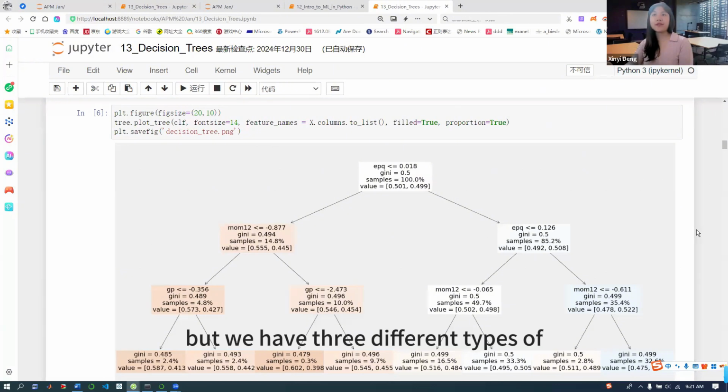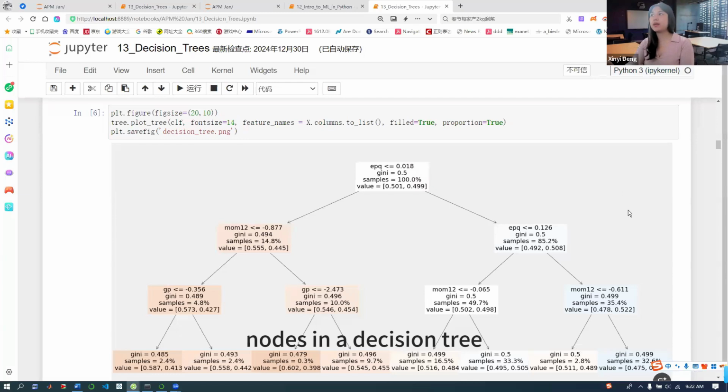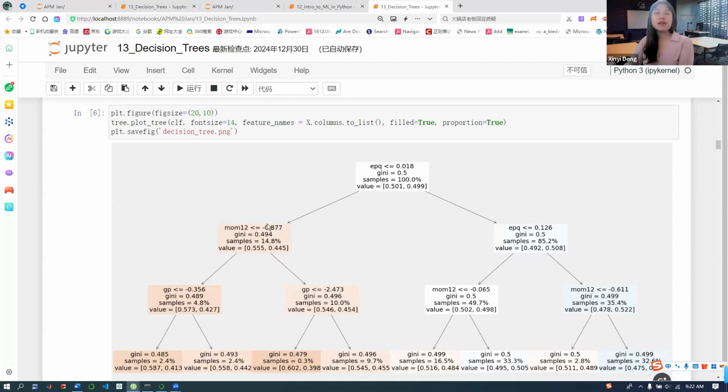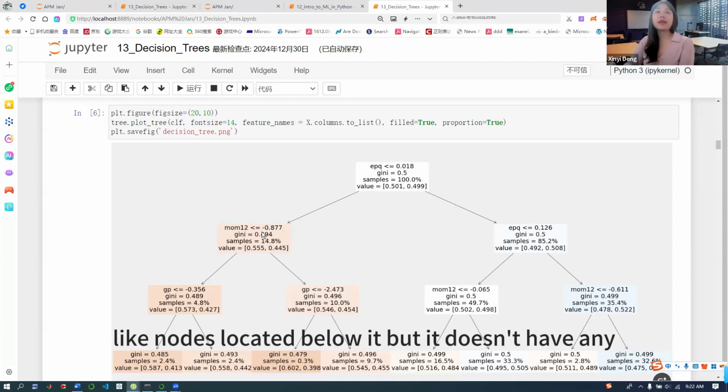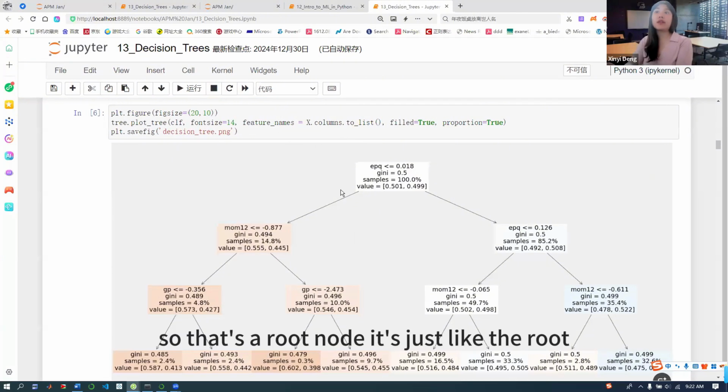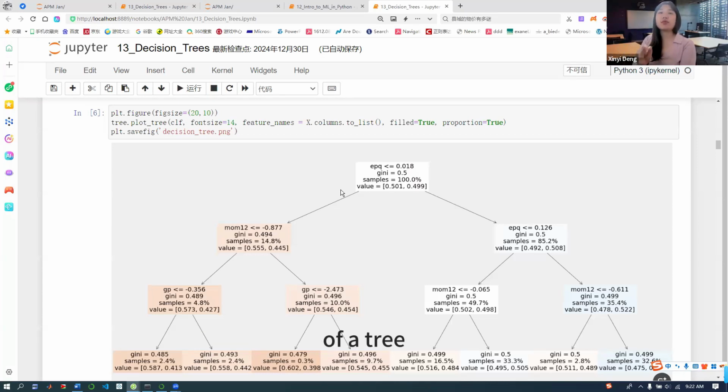We have 3 different types of nodes in a decision tree. The node at the very top is the so-called root node. It has nodes located below it, but it doesn't have any nodes located above it. So that's a root node.